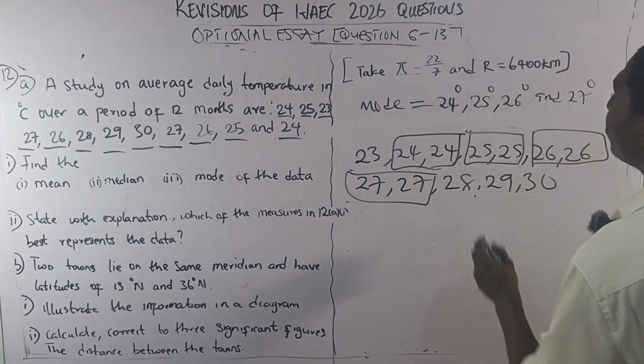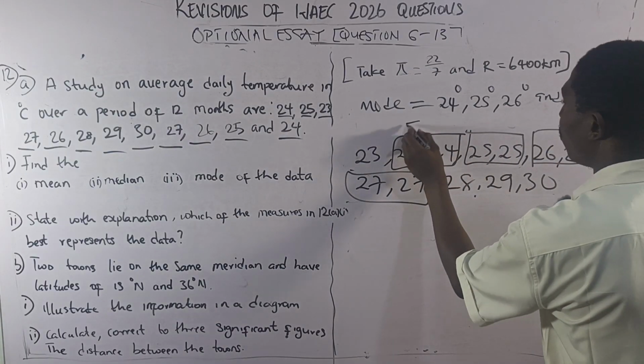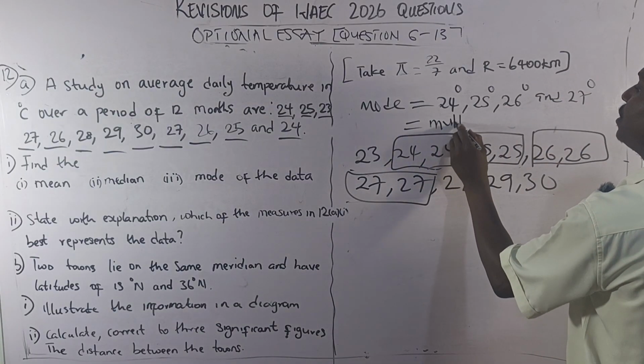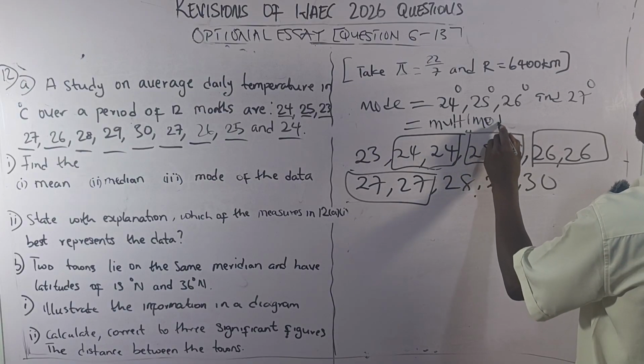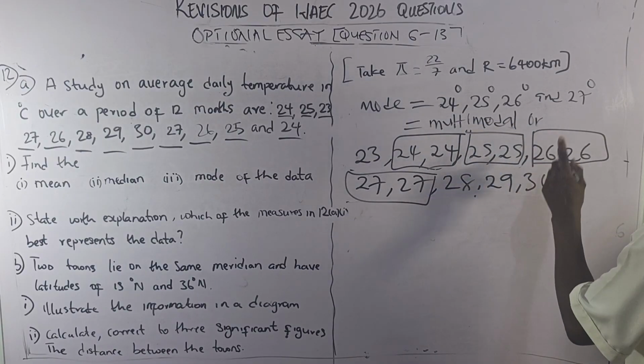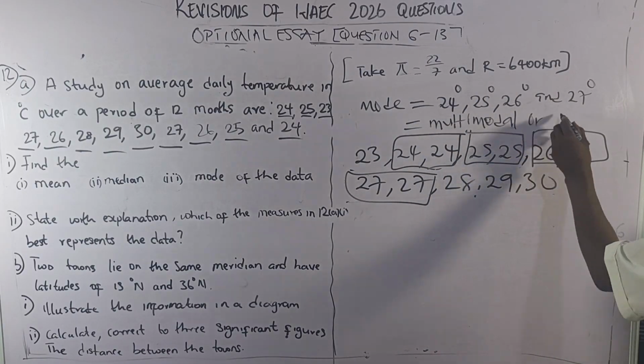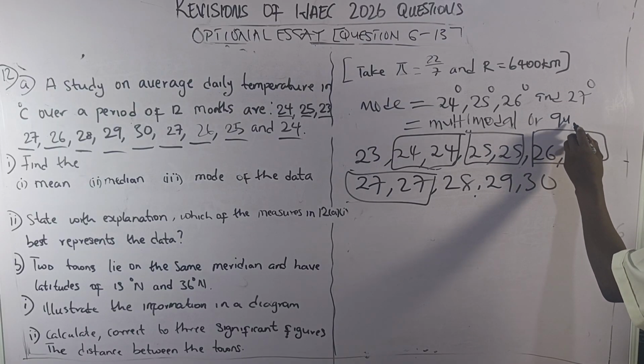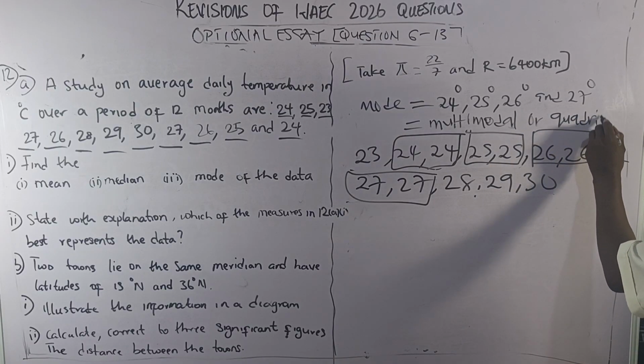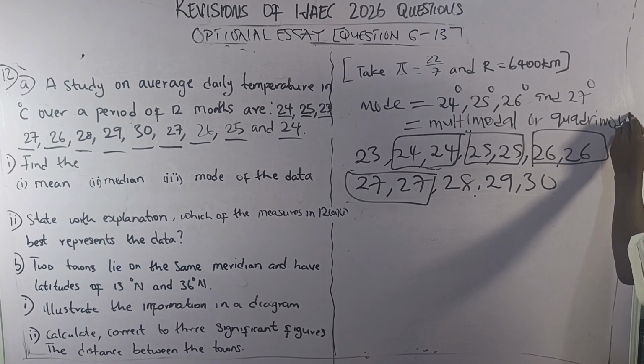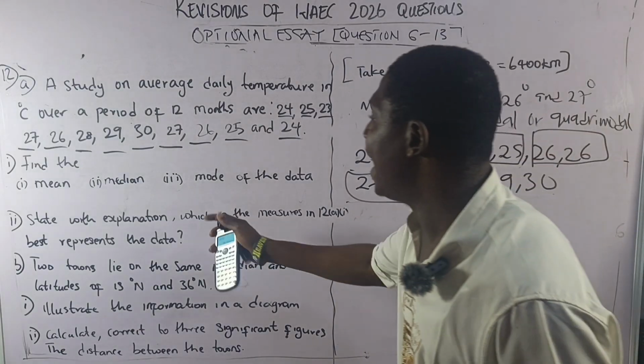Since we have 4 modes, we can simply call it multimodal. Or the right way, since we have 4, you simply call it quadrimodal. And this is the solution to my I.